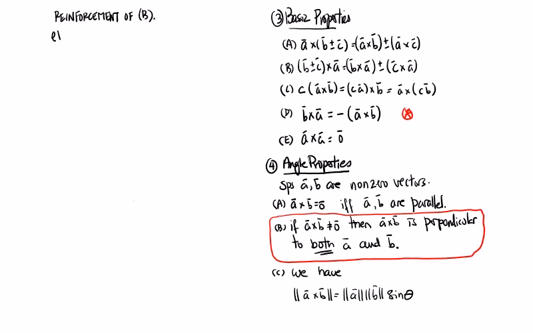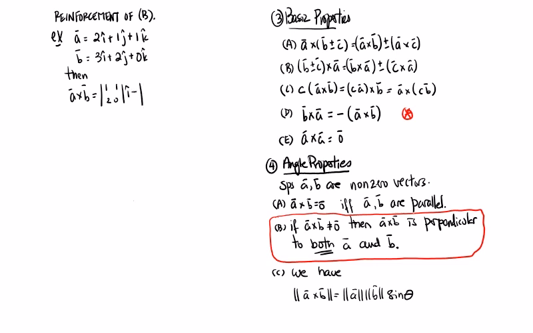So first I'll just give an example, just so that you believe what's happened. Right? So let's say that A is 2i plus 1j, we'll make these really nice numbers, plus 1k. And B is 3i plus 2j plus 0k. So what I'm going to do is I'm going to first take the cross product. So this is the last time I'm going to write out every gory detail. So the i component, we have 1, 1, 2, 0.